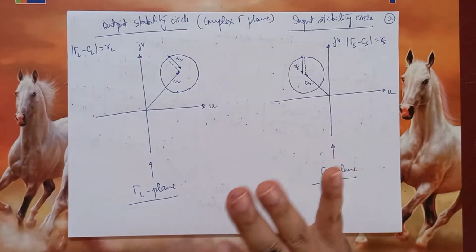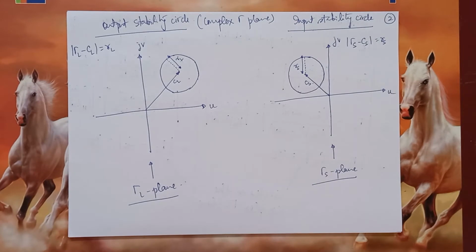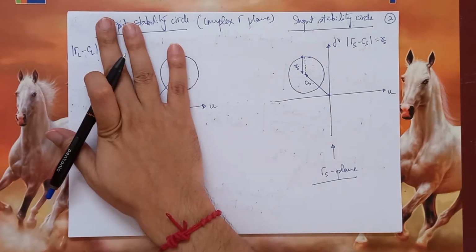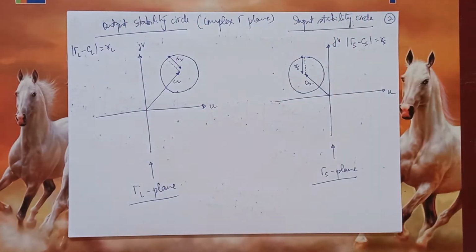The point is for us to find out whether we can judiciously choose a proper load impedance or a proper source impedance so as to ensure that potentially unstable transistors somehow become stable.